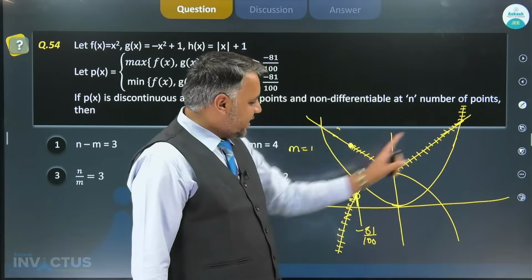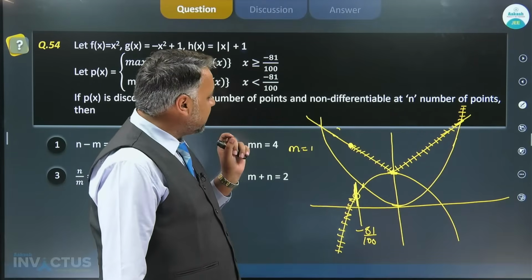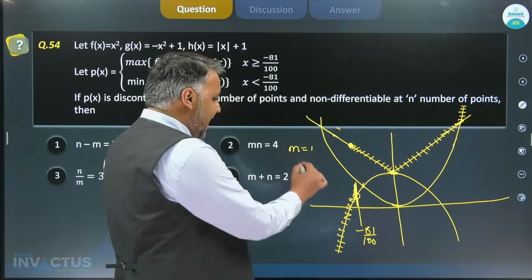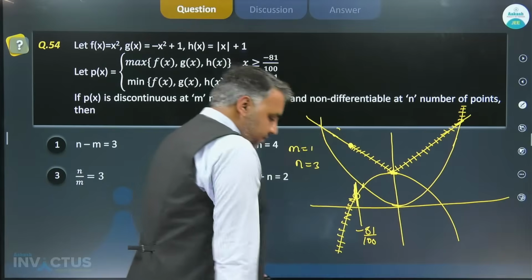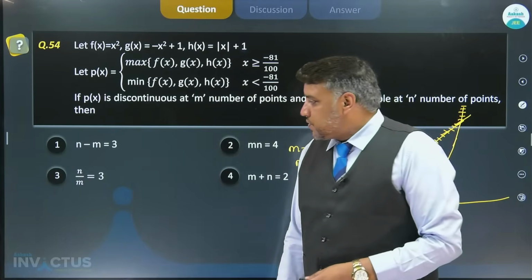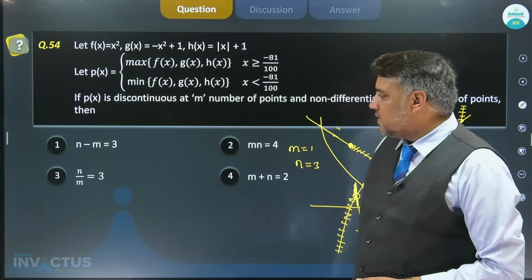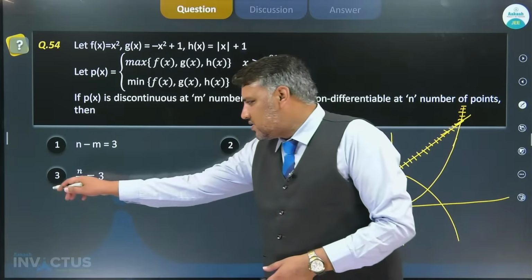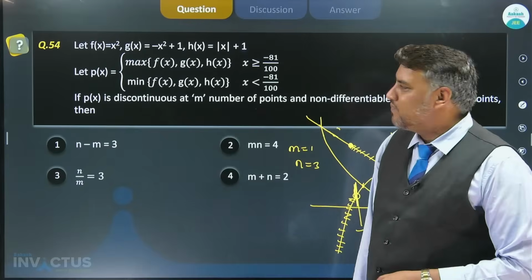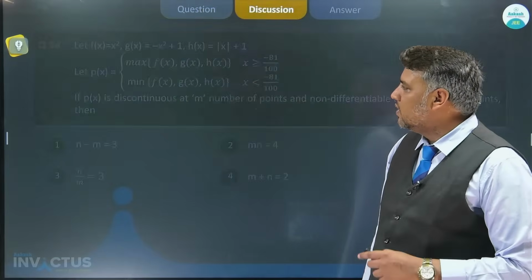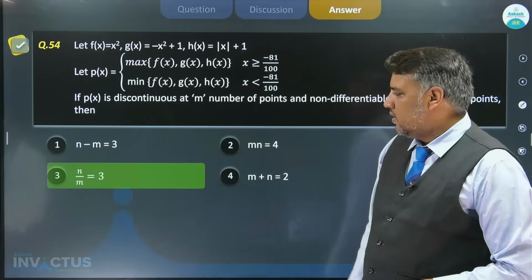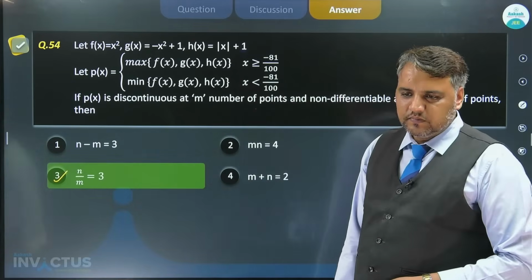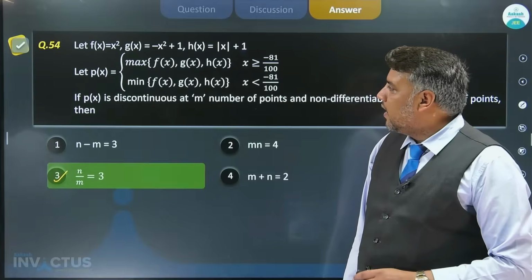So two more points other than this. So in total there will be 3 points where this function p(x) will be non-differentiable. So n must be equal to 3. So now observing the options, n is 3, m is 1. So 1 is incorrect, 2 is incorrect, 4 is incorrect, and this is the correct option. Let's move on to the answer. Obviously, this is the correct option. Okay.